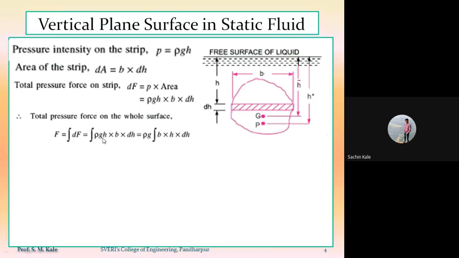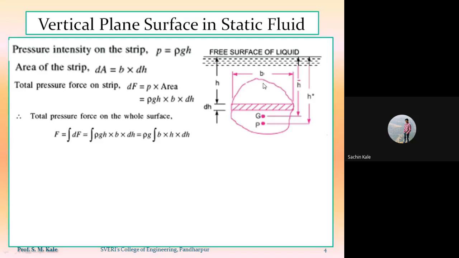So if I take the integration of rho g h b dh, as the fluid is the same, the density term will be constant, and g is always constant. So the constant term rho into g will come out of the integration, whereas b, h and dh are variable, because the strip goes on varying.